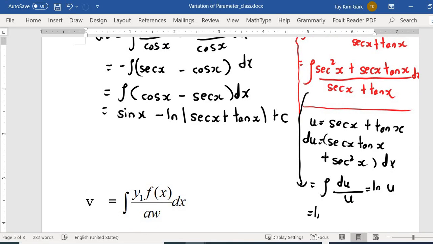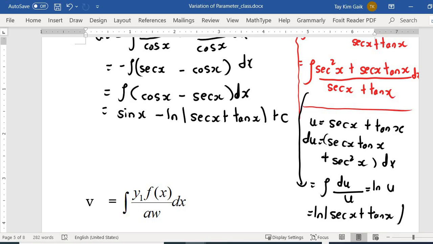That's why you get ln of secant x plus tangent x. That's why, when you integrate secant x, you should have ln of secant x plus tangent x. You should have learned this during calculus class. So this is the u.